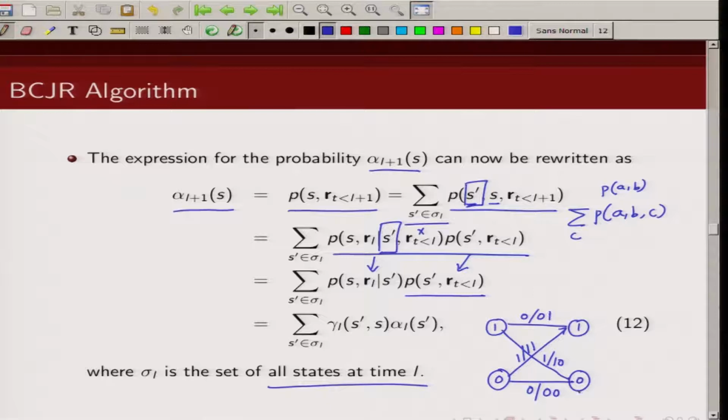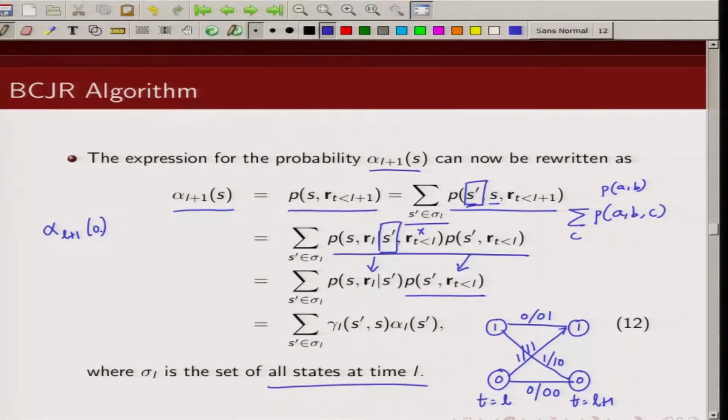So, what would be the value of alpha? Let us say this is time t equal to some L and this is time t equal to L plus 1. How can we write alpha at L plus 1 for the state 0?